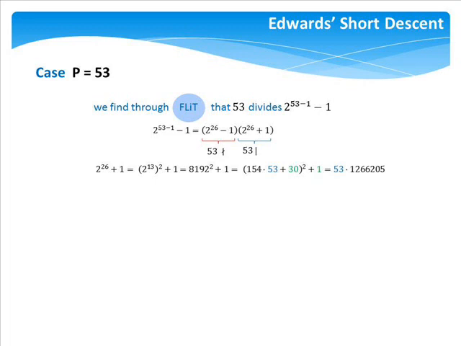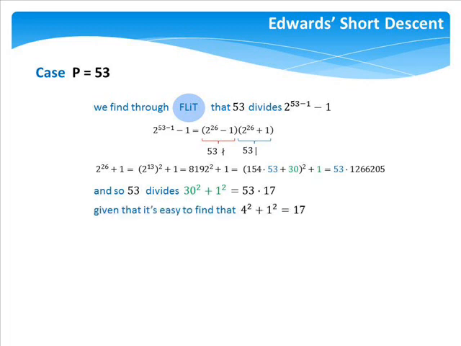8,192 is equal to 154 times 53 plus 30. That leads us to notice that 53 must divide 30 squared plus 1. Actually, 30 squared plus 1 is equal to 53 times 17.